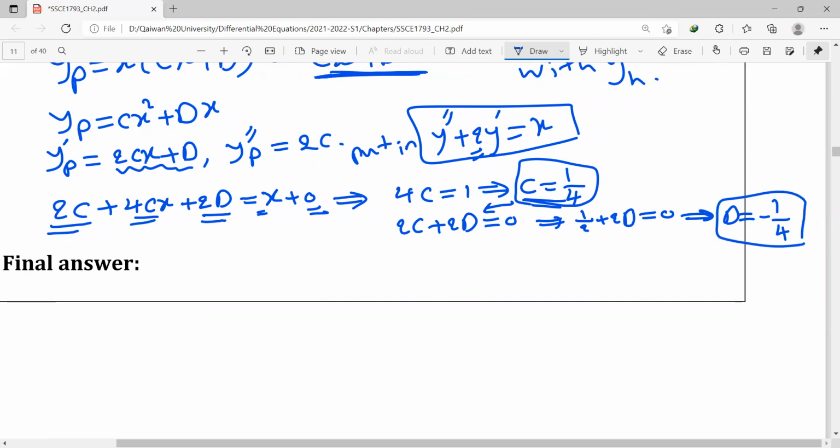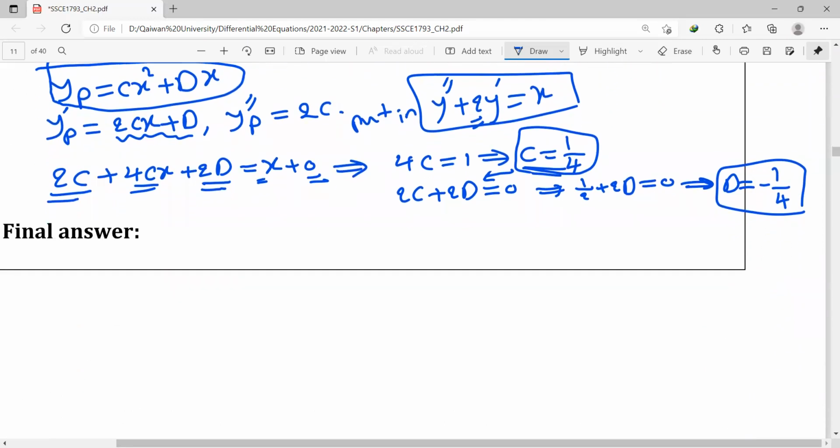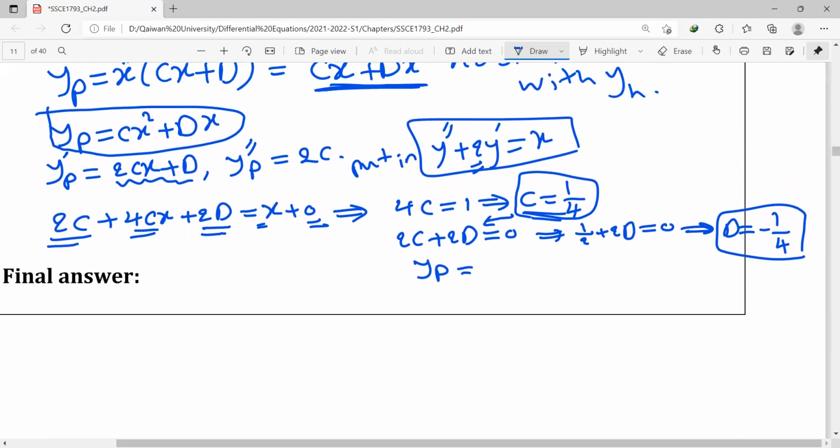Let's write down the particular solution. We are going to return the values of c and d to yp. We get yp equals cx squared, c is 1/4, plus dx, d is minus 1/4. This is yp.